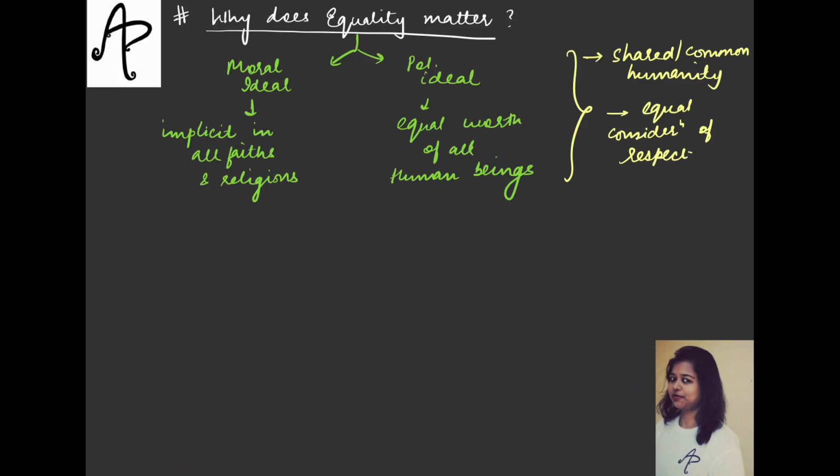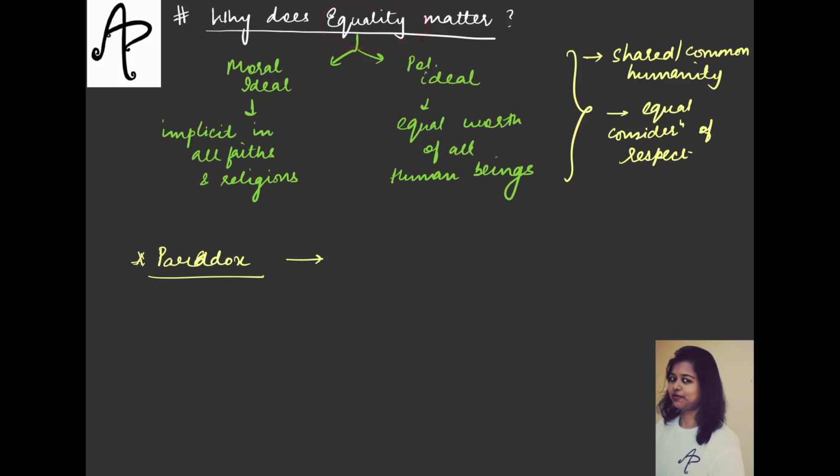But there is a paradox that despite understanding that this is such a significant concept, this is so important, and it provides us these ideals, there still exists a paradox. And what is that paradox? In our society, even though we talk about equality, this is something that is not much visible.